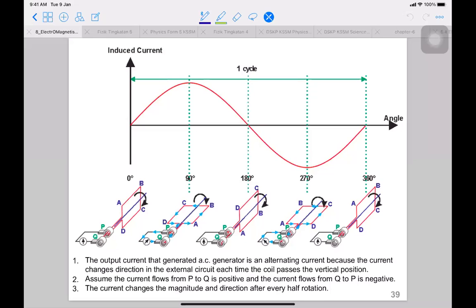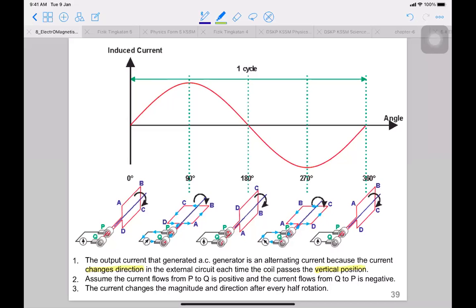So AC generator, it goes both ways, positive and also negative direction. Okay, both ways, huh? So the output current that generated AC generator is an alternating current because the current changes direction in the external circuit each time the coil passes the vertical position.